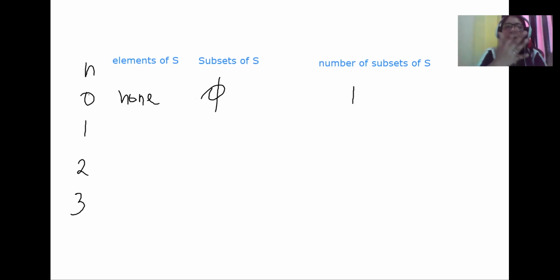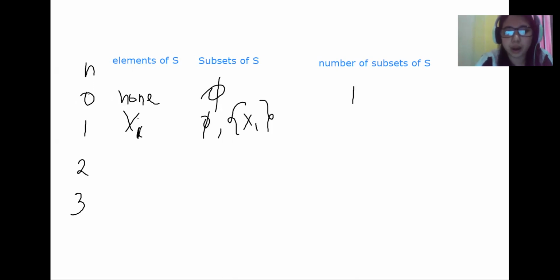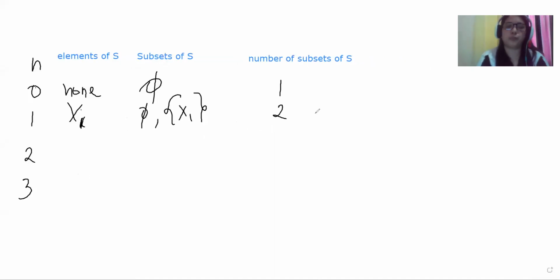If n is equal to 1, we can produce the subsets of the set with element x sub 1: the empty set, or the set containing x sub 1. The number of subsets is obviously 1 and 2, so 2.